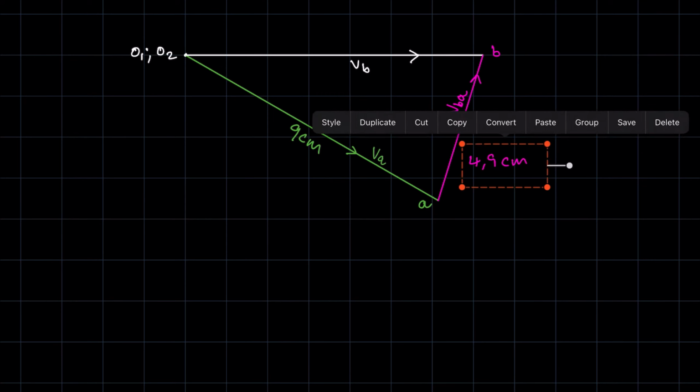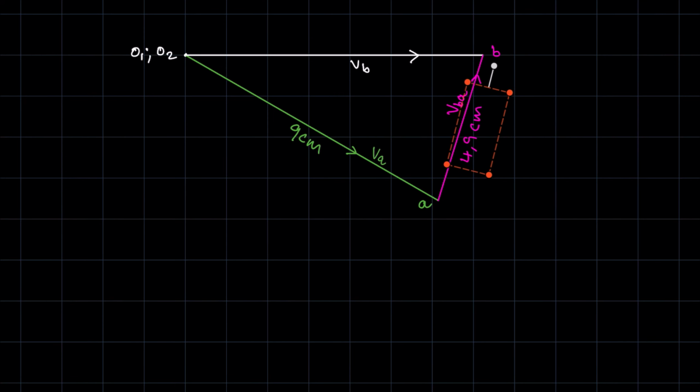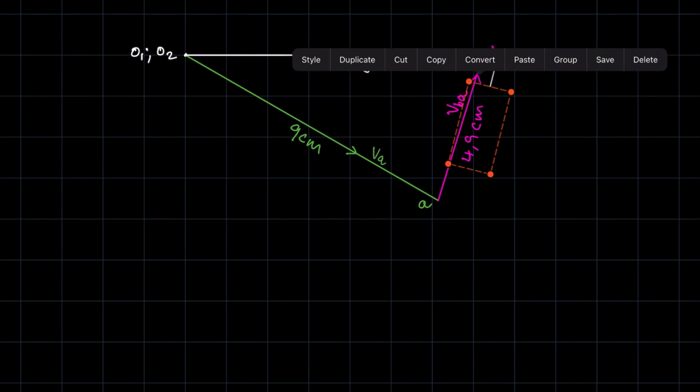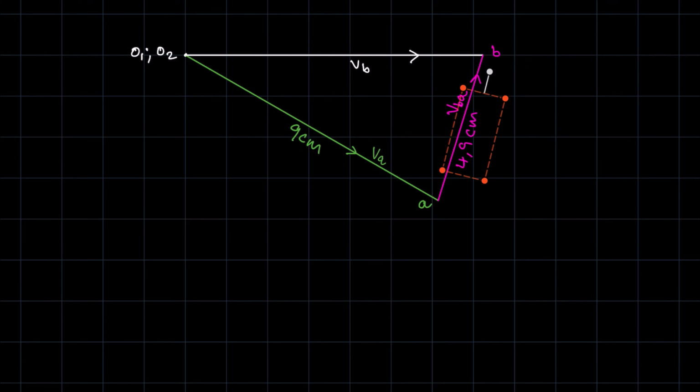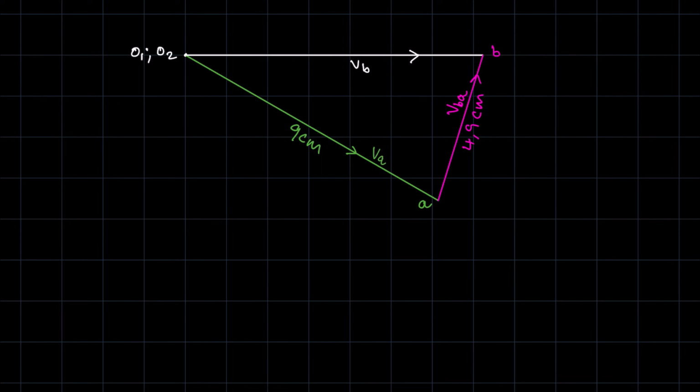You do not necessarily have to get exactly the same measurements as me. You could get, say, 4.8, maybe 4.7, as long as it's close, it's not a train smash. And then I got 9.1 centimeters for VB.